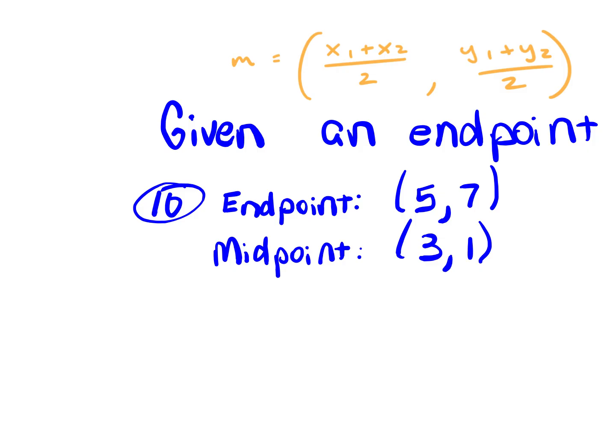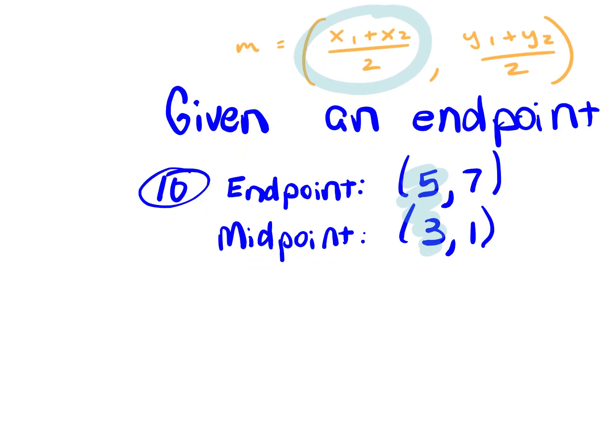So we're going to work with just the x's first. So I'm going to set up a little equation using this just with the x's. So I'll label my endpoint here as x1 and y1. So we have our x1, this is going to be 5 plus, we don't know what our x2 is yet, so I'm just going to leave it as x2 over 2.